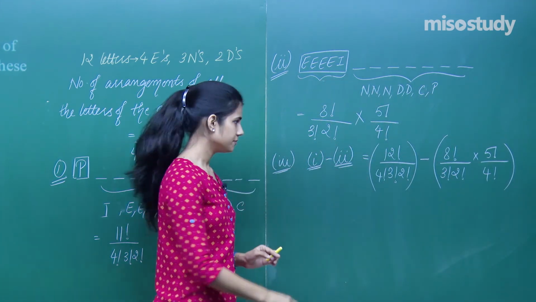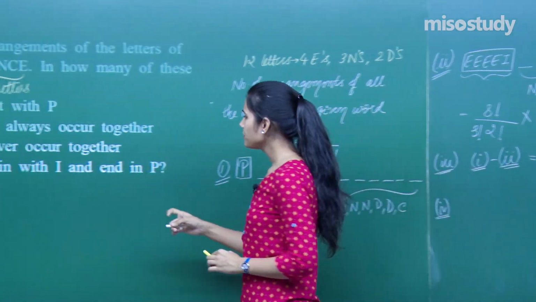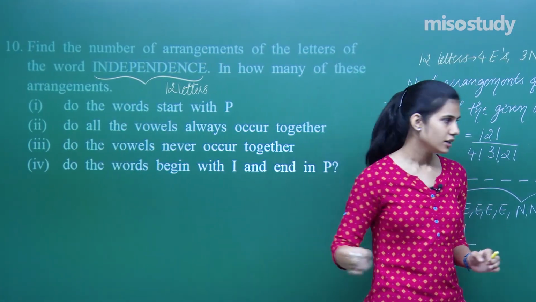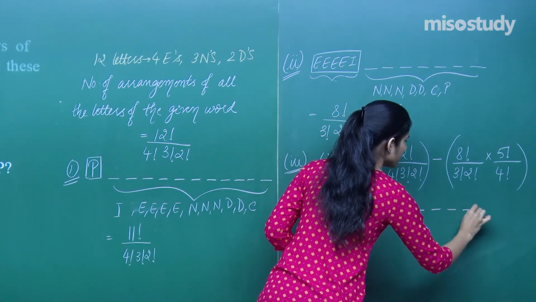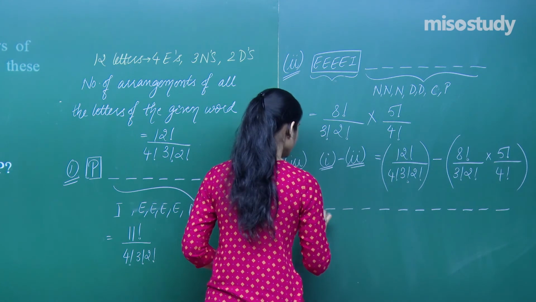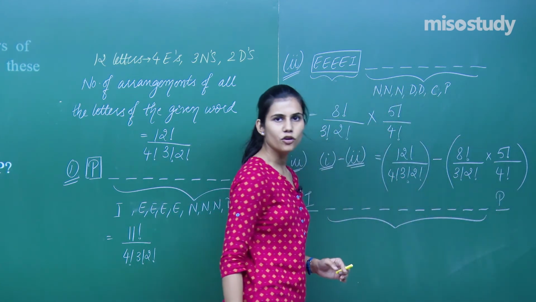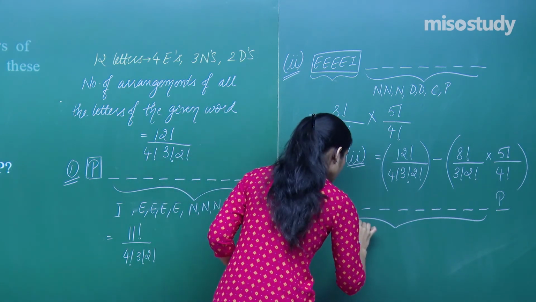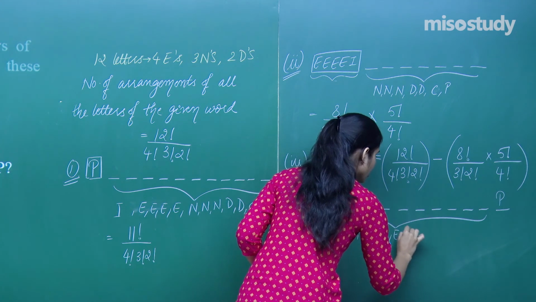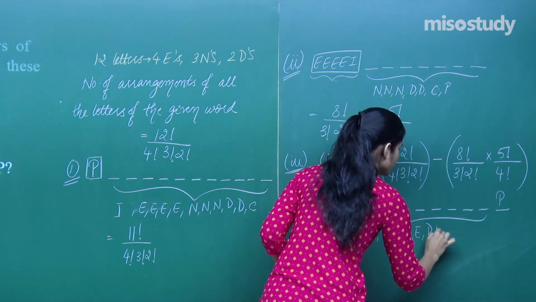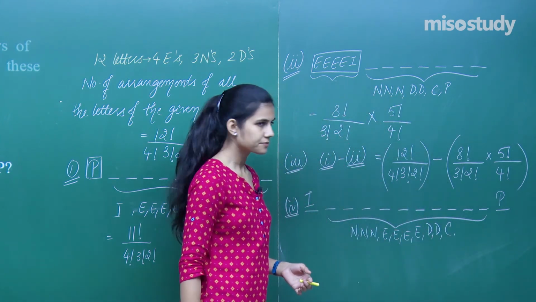This is your answer. And then we have, do the words begin with I and end with P? Okay, so 12 letter words begin with I, end with P, left with 10 places because 2 places have already been fixed, 3 N's, 4 E's, 2 D's, you have a C. And that is it.